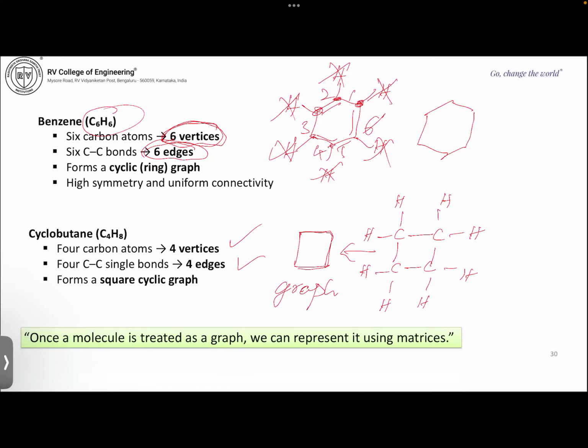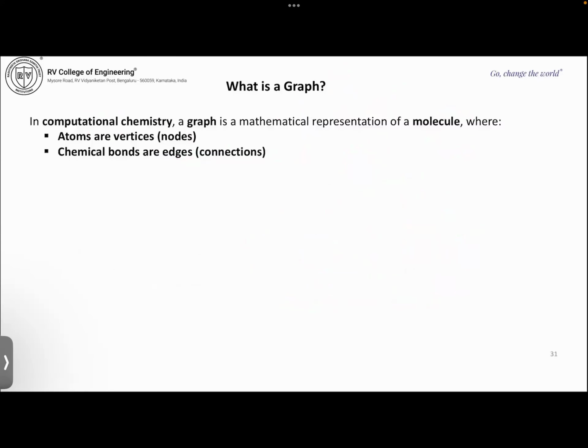Once a molecule is stated as a graph, we can represent this graph by using matrices, so that the computer can understand. What is a graph? In computational chemistry, a graph is a mathematical representation of a molecule. Like in cyclobutane, the structure is converted to a square cyclic ring.